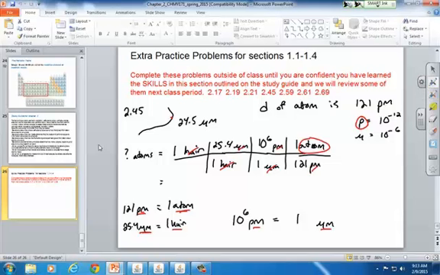From there, I just plug into my calculator. Everything on top of the fraction gets multiplied, everything on the bottom gets divided. So 25.4 times 10 to the 6th divided by 121, and I get 2.